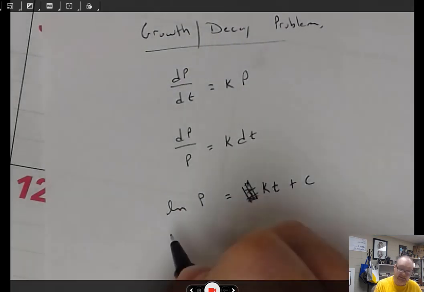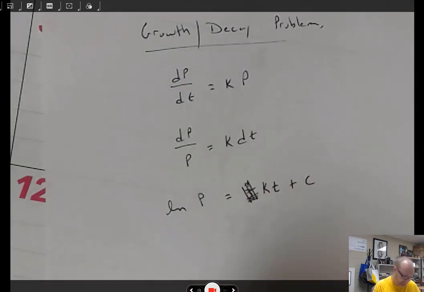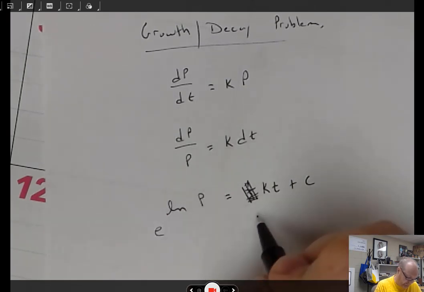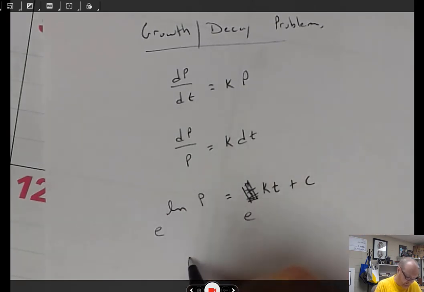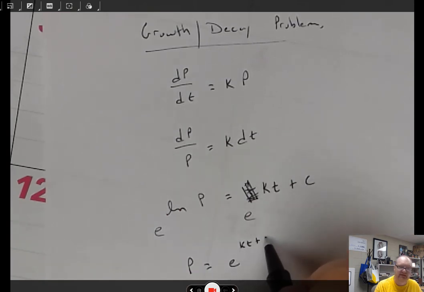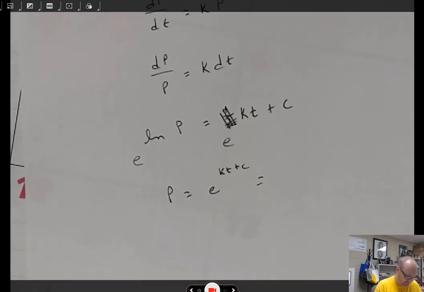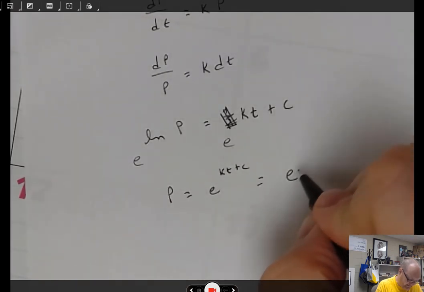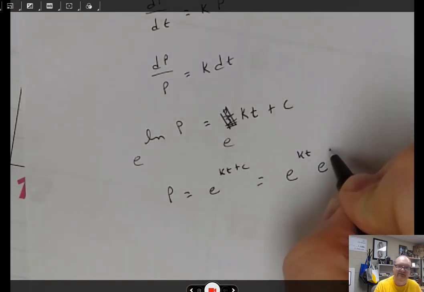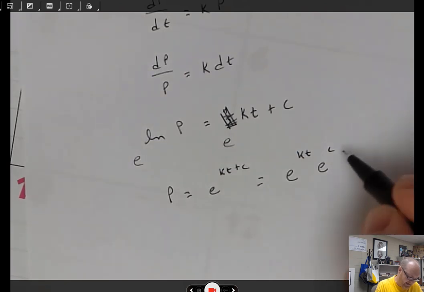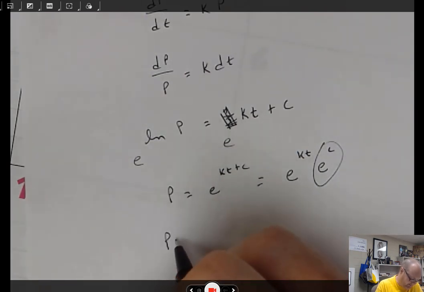And I need to get p by itself because I'm trying to model population. So I can exponentiate both sides. And so I get e to the kt plus c, and that's what happened earlier. I can rewrite that as e to the kt times e to the c, and e to a constant is another constant.